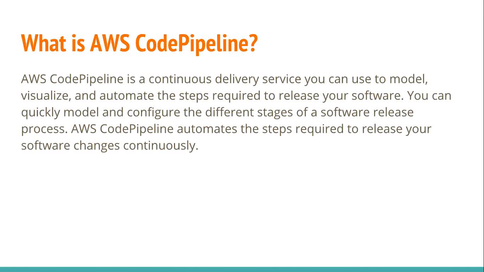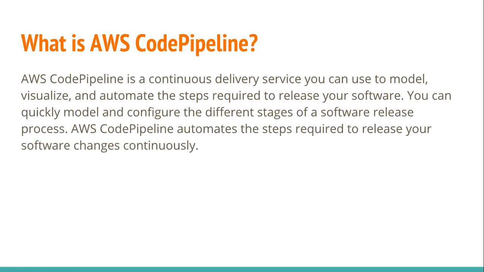You can use it to model or visualize and automate the steps required to release your software. You can quickly model and configure the different stages of your software release process. AWS CodePipeline automates the steps required to release your software changes continuously.